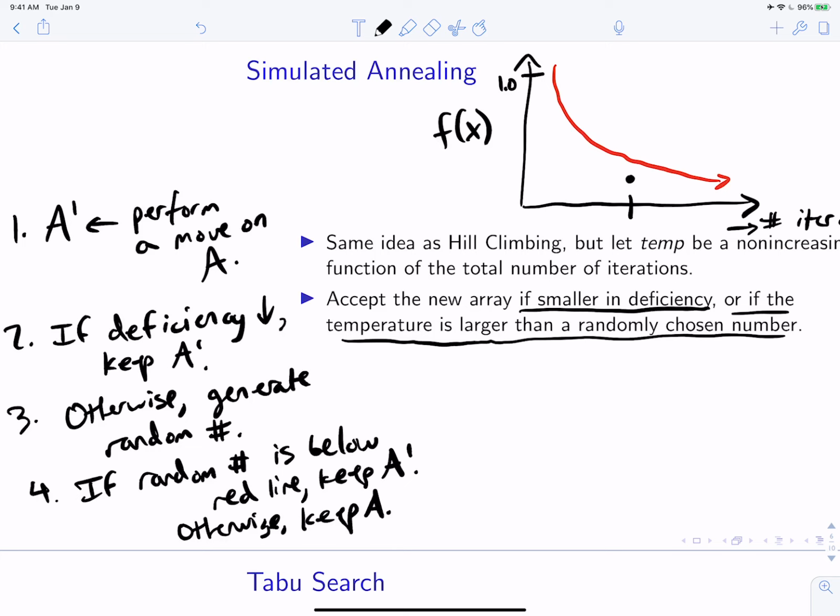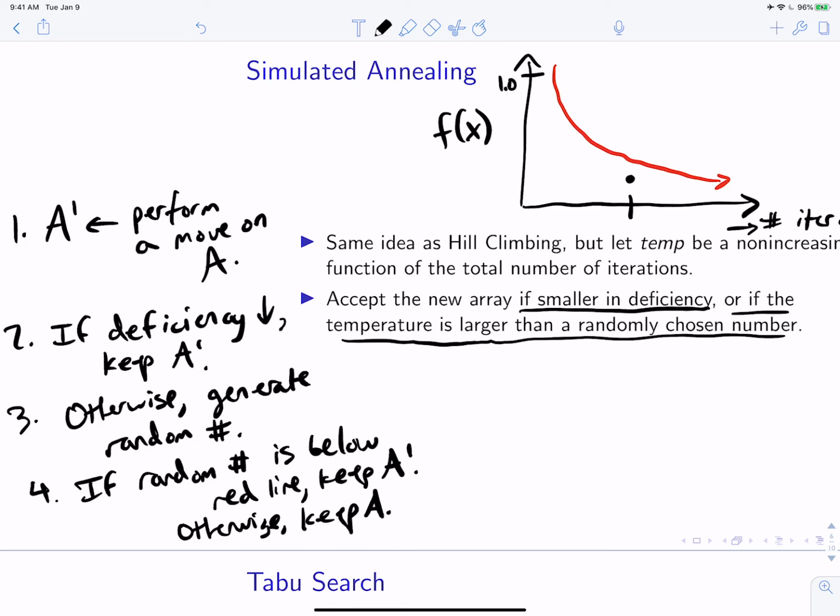So what do you do? You heat the metal to a very high temperature, and then you perform big movements on the metal. You start hitting it really hard, and then it starts to form the shape. But as it cools down, we start making finer and finer adjustments to the metal as we're going. So that's where this comes from.